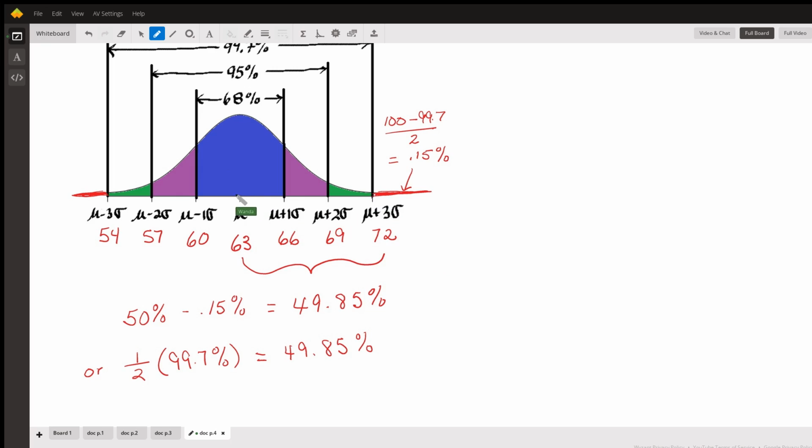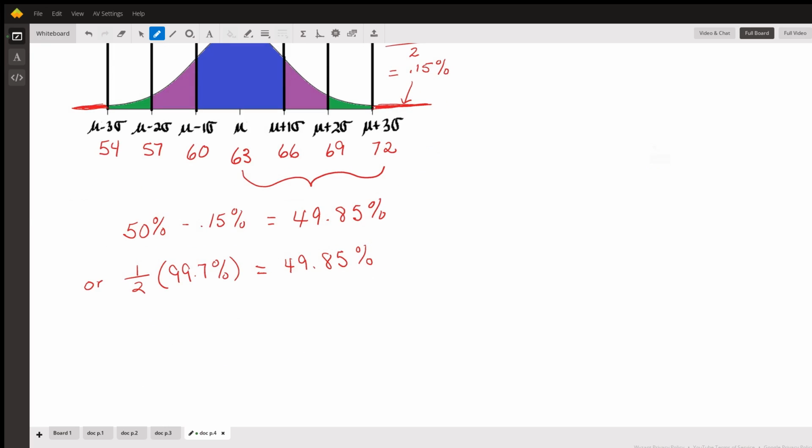If I look at this curve, the easiest way to figure that out is that it's half of the 99.7, because 99.7 is between 54 and 72, and between 63 and 72 is half of that. So 99.7 divided by 2, we get 49.85%. That's the easiest way to get this.